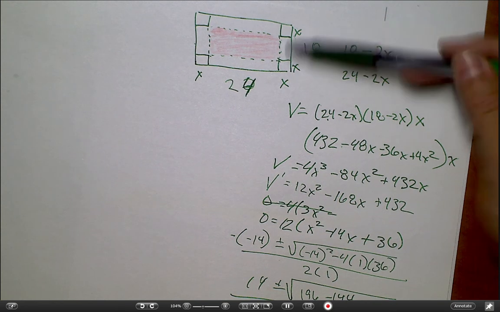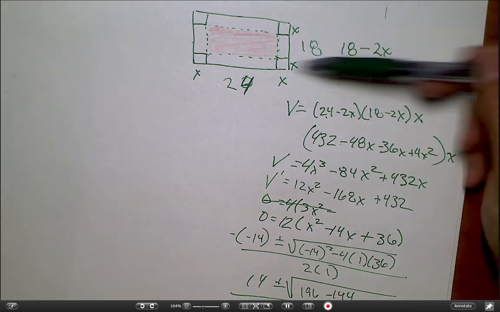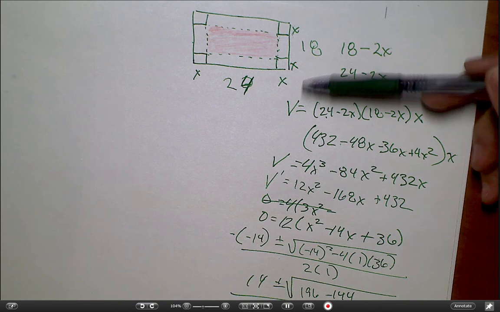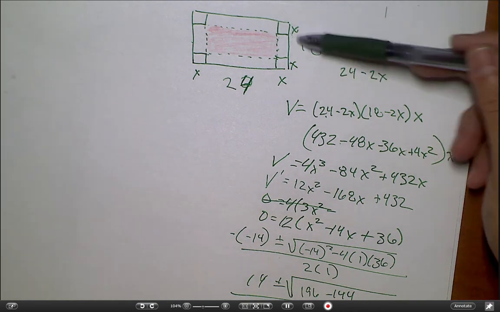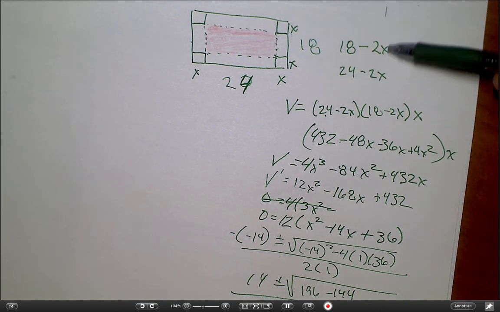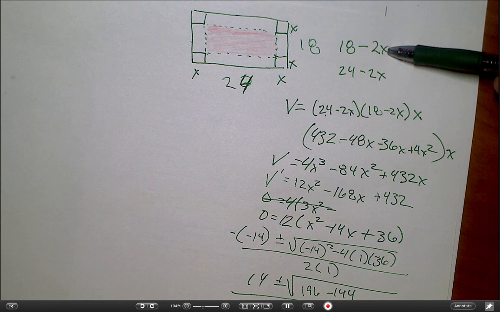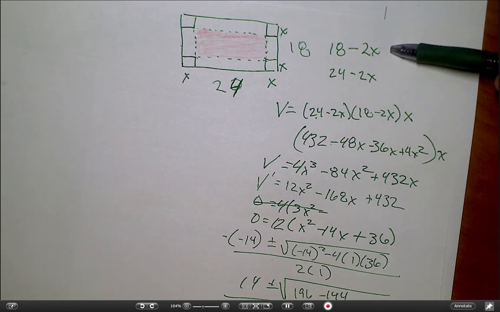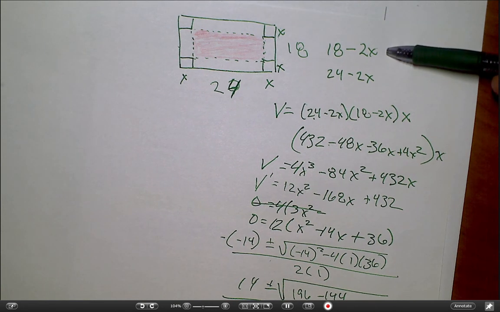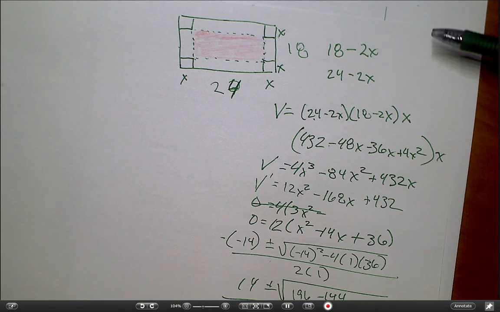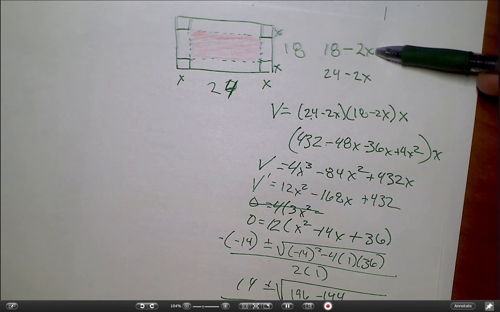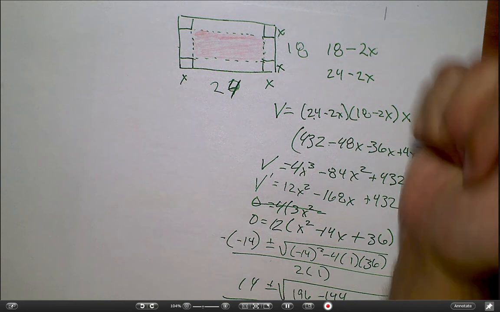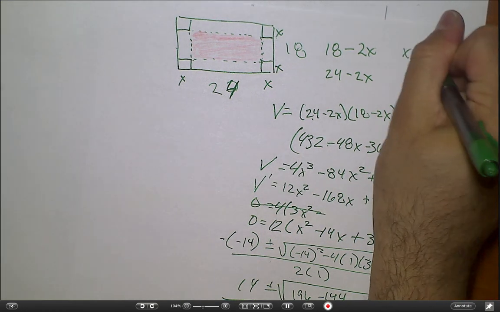So because of that, my practical domain of this is that it cannot be more than what? What would be my practical domain for this? Yeah, it'd be 9, right? So x has to be less than 9. It can't equal 9.